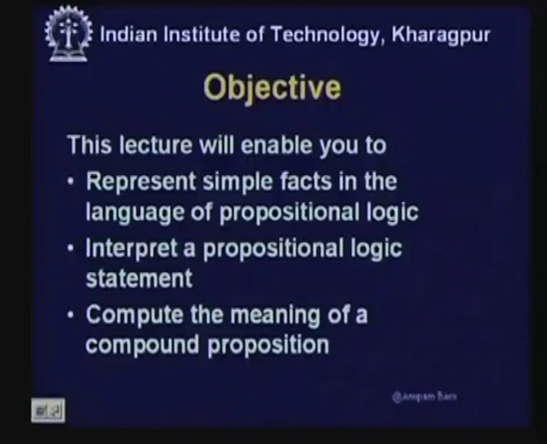And thirdly, we will be able to compute the meaning of a compound proposition. A compound proposition is essentially a collection, a particular way of collecting a number of single propositions and joining them together, and that forms a compound proposition.